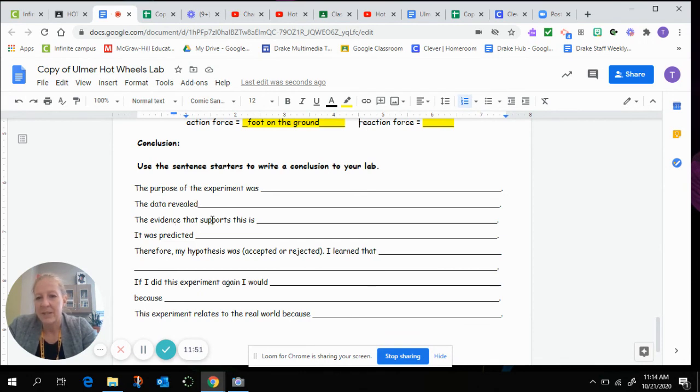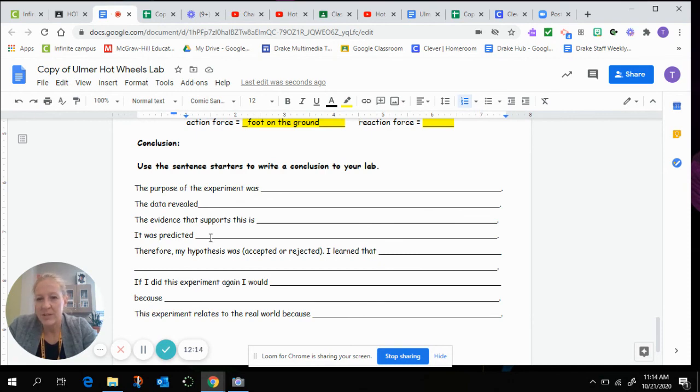What evidence supports this? When you identify evidence, give me specific data points. So say as the mass increased from, let's say, 34 grams to 42 grams, the acceleration went from blank to blank. Give me specific data points that prove that's what the data revealed.